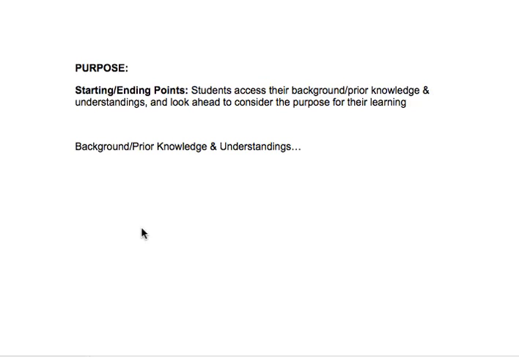And we all know that certain students come to us with different levels of aptitude, or in other words, may be more prone to work or not work. But if we get creative in the ways that we write starting and ending points, we can hopefully improve engagement and value in learning. So first, let's talk about the purpose of starting and ending point.